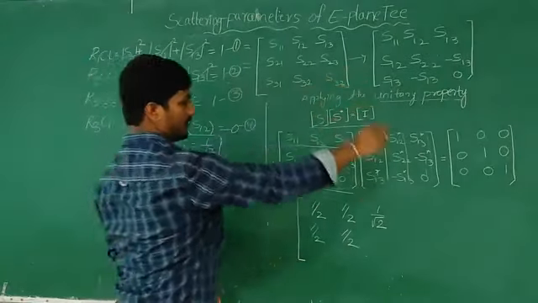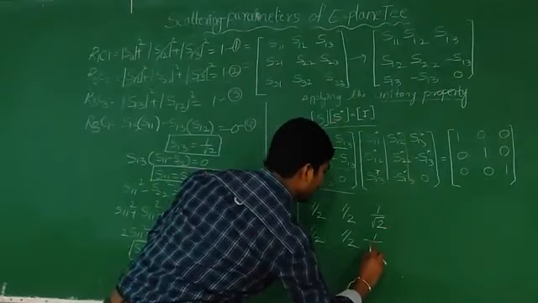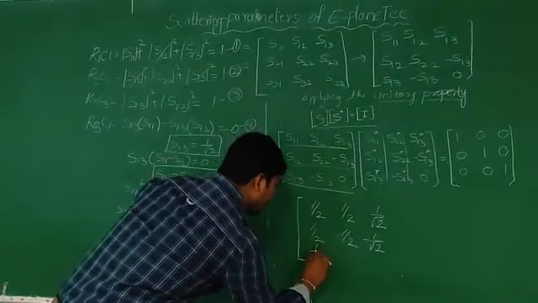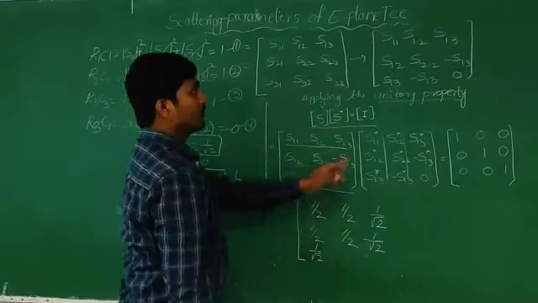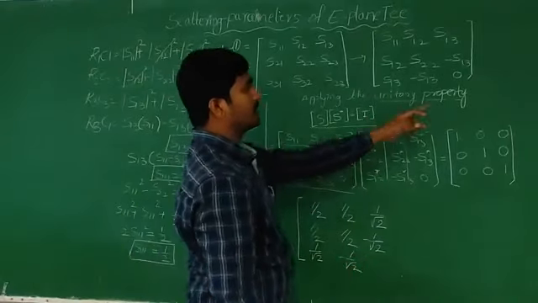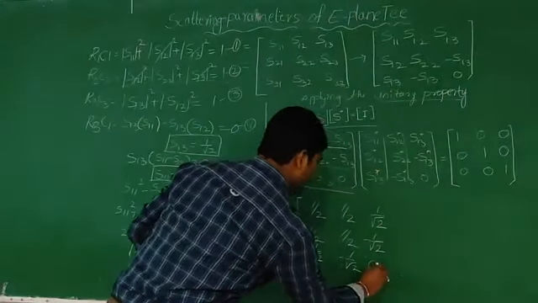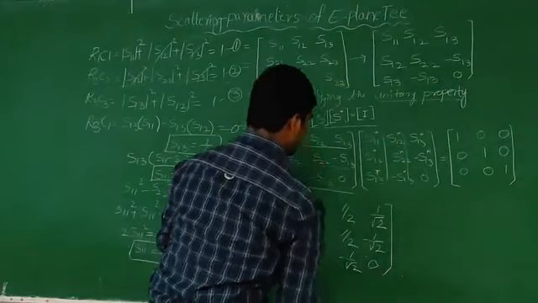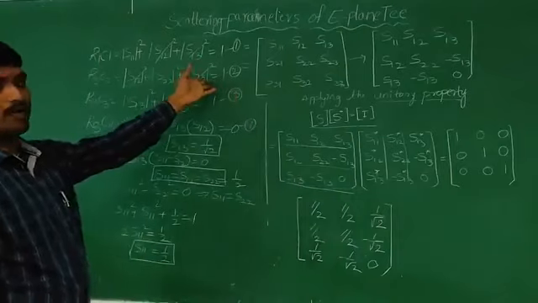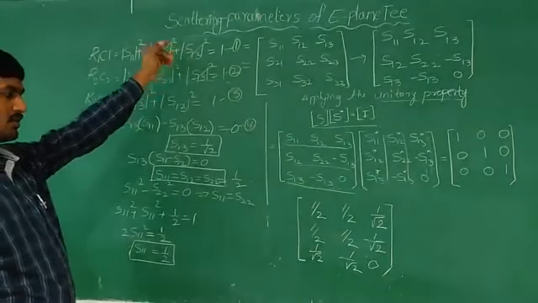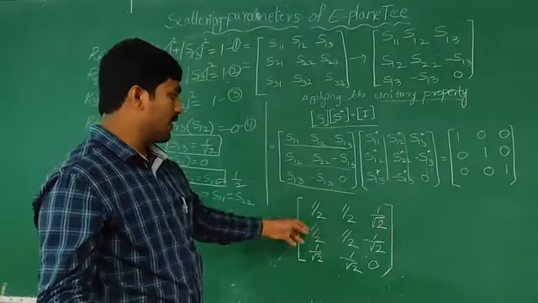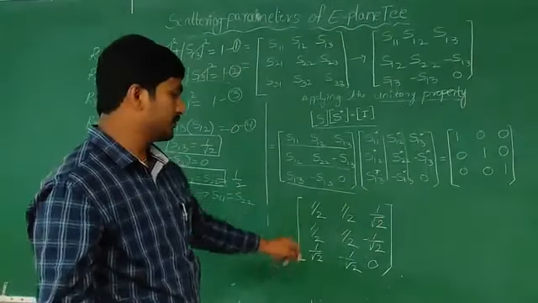Minus S13 is equals to minus 1 by root 2. Here S13 is equals to 1 by root 2. Minus S13 is equals to minus 1 by root 2. And S33 is equal to 0. This is the value we got from the symmetric properties and S parameters, the S matrix. The values we can get in experiments, in practical also. We have to get these values from experiment.